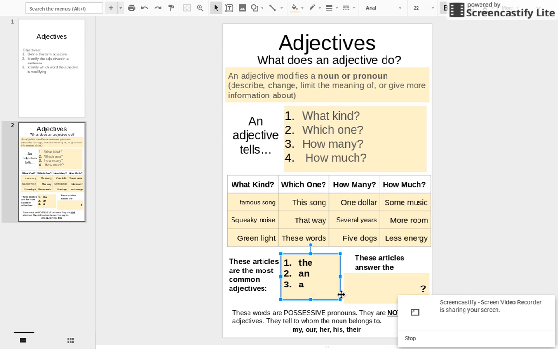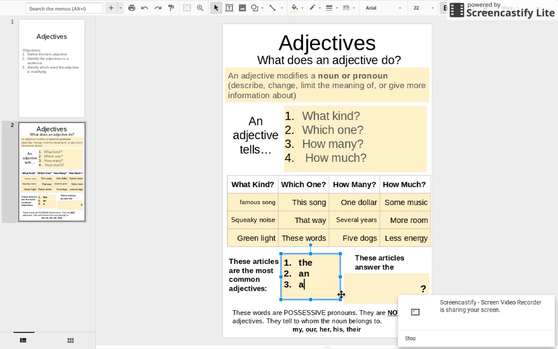For example, if I say the song, which one? The song. I'm going to read a book. Which book? A book. So the, an, and a are also considered adjectives, and they're easily forgotten.